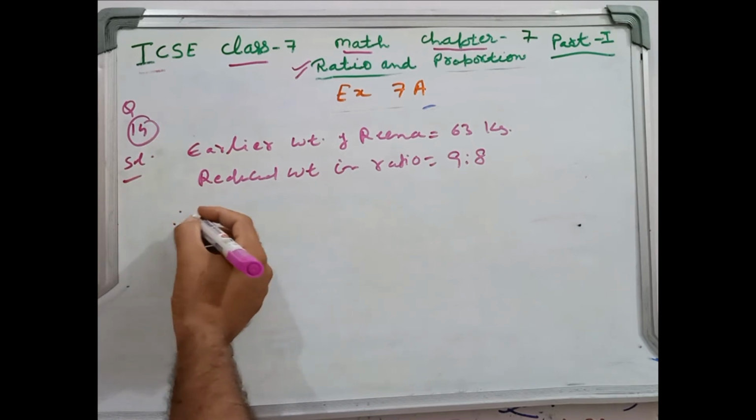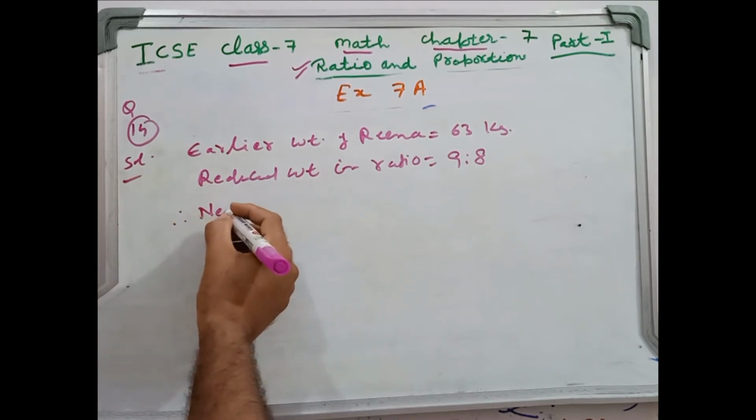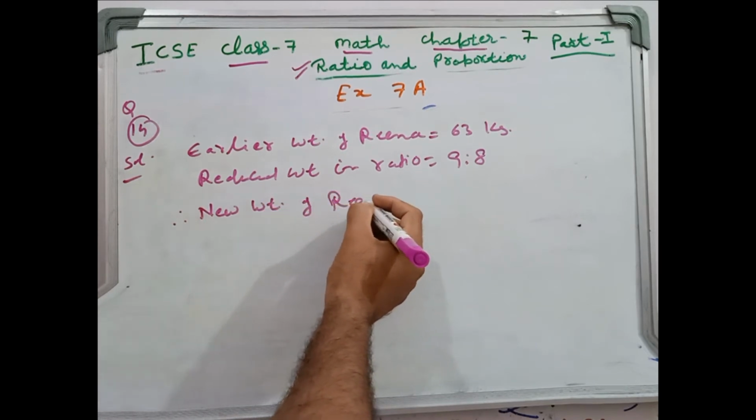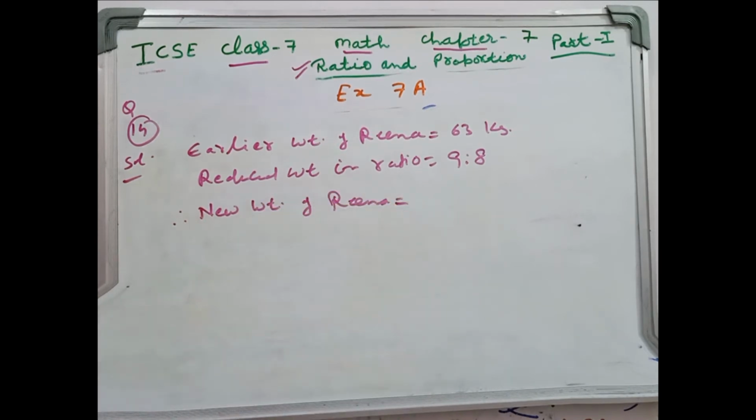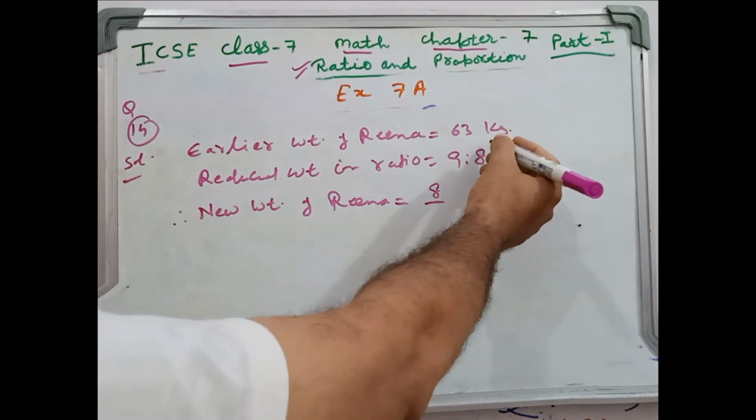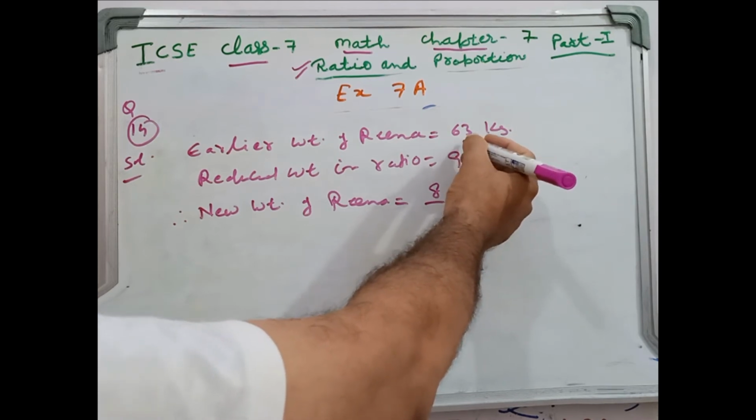So therefore new weight of Reena after reduction, right? She has reduced in the ratio 9:8. So what we will do here is 8 is her reduced weight, 9 is earlier weight.